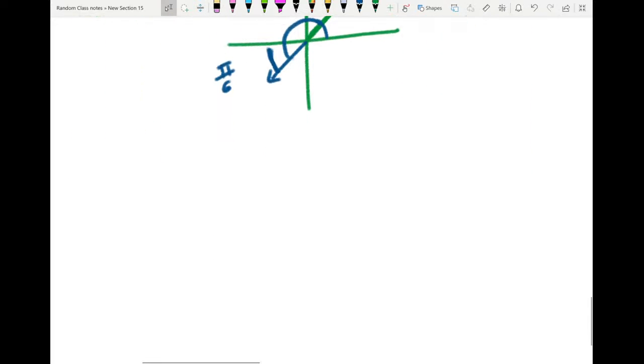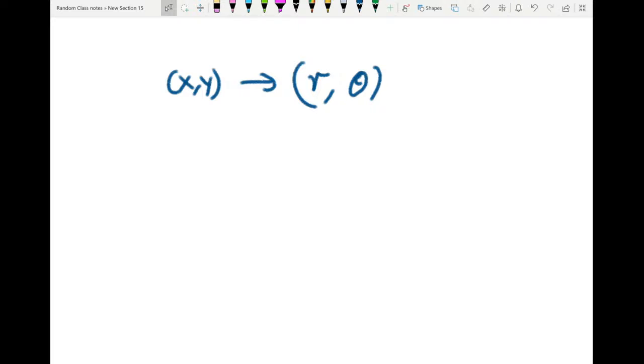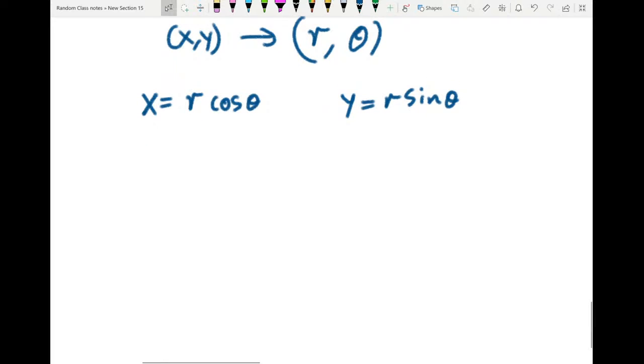The question becomes, how do you convert x, y to r, theta? It's very simple. X would be r cosine theta, and y would be r sine theta.